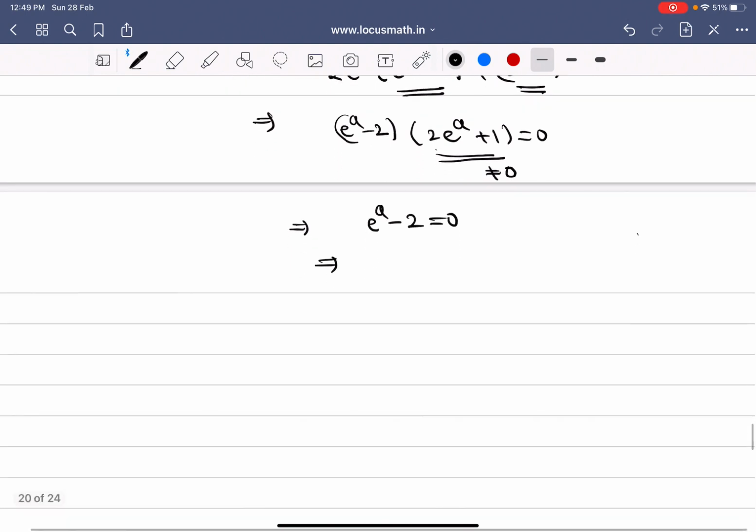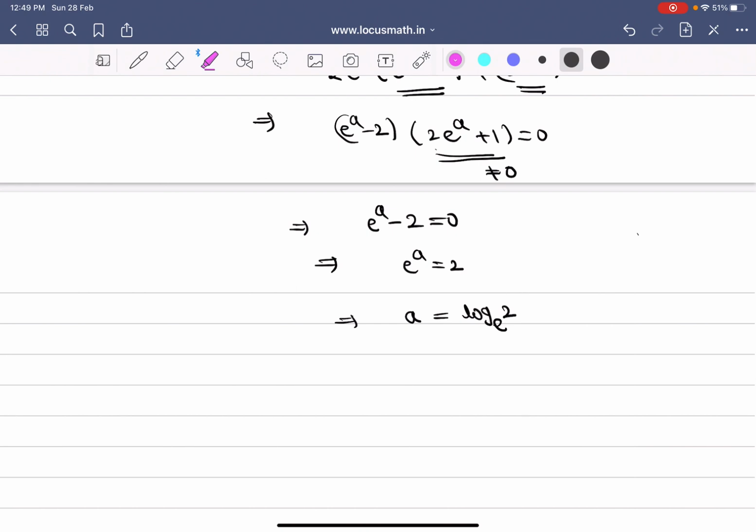That implies e^a is equal to 2. If we apply log base e on both sides, therefore a is equal to log base e of 2. So this is the required value of a. This is the answer.